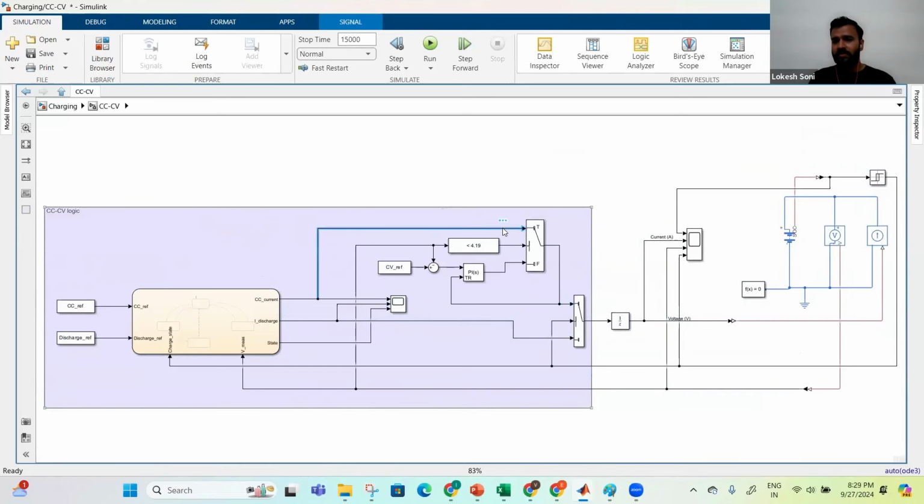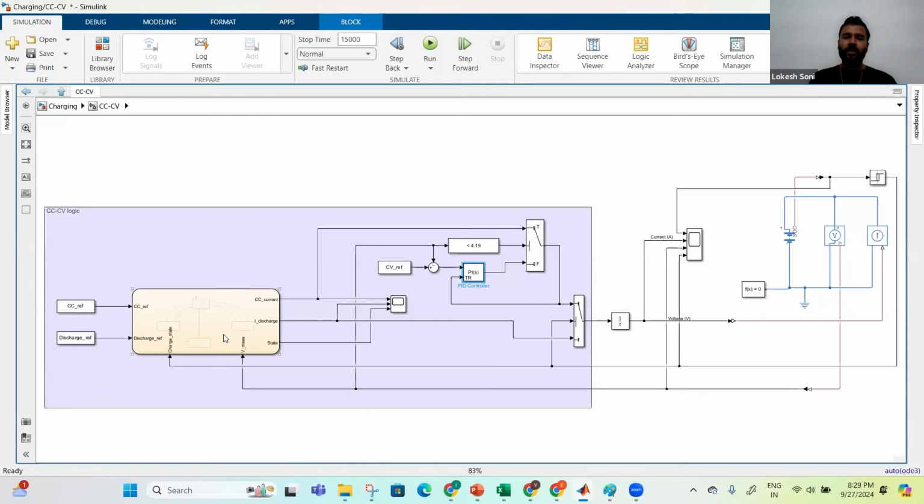This port is CC charging value, which again comes from the state flow, and this port is CV charging port where the PID controller would control the CV mode, and the equation which we saw for CV, the current would be reducing that way.